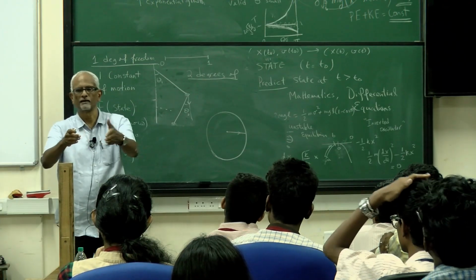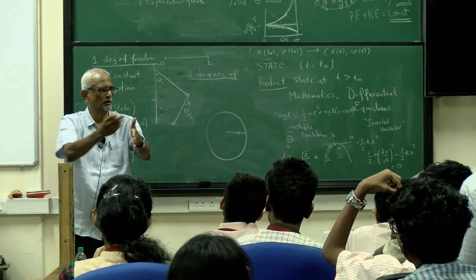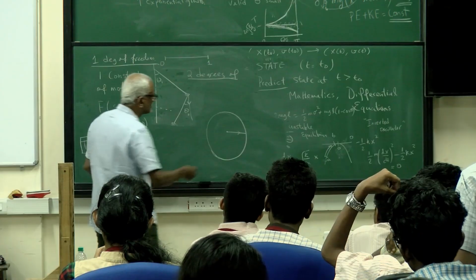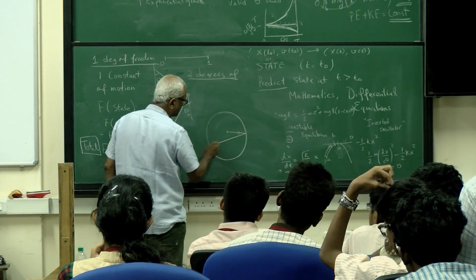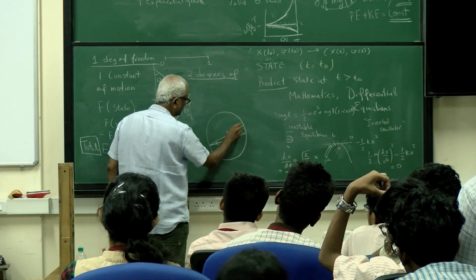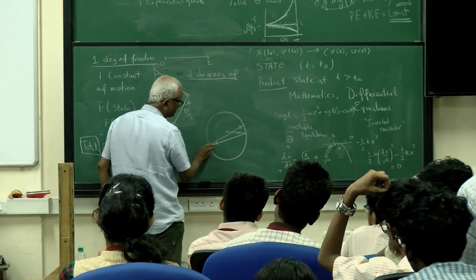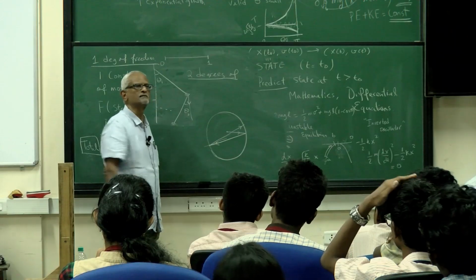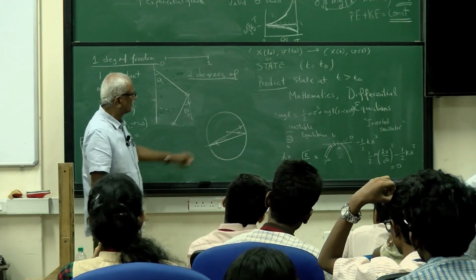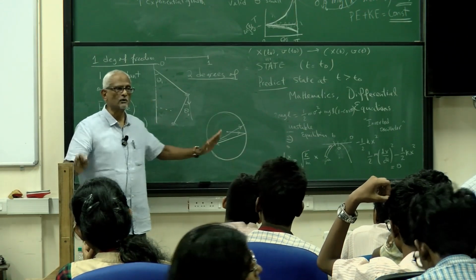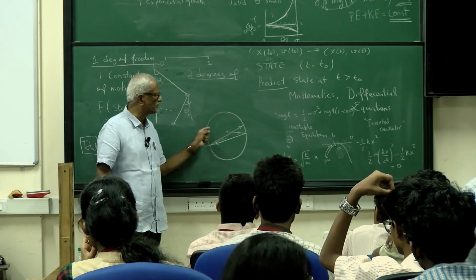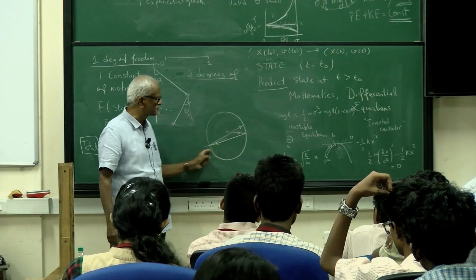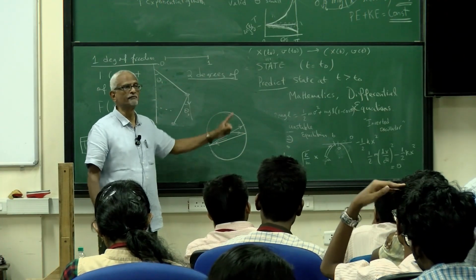Think of a carom board, but a circular carom board. What happens when the particle goes there? It will get reflected, and then it will get reflected again, like light rays going inside, bouncing off. Now let's assume elastic collisions, so no energy loss. There is a particle, you give it some velocity, it hits the boundary, gets reflected, and keeps getting reflected.